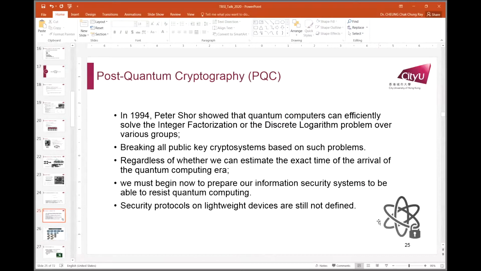PQC matters because in 1994, Peter Shor published a paper saying that if you can break integer factorization and the discrete logarithm problem, then the current crypto standards will be broken. That's why people are looking into this kind of problem at the moment.